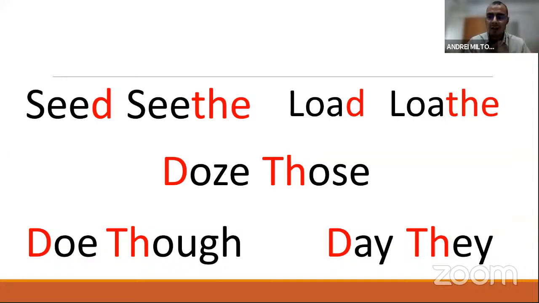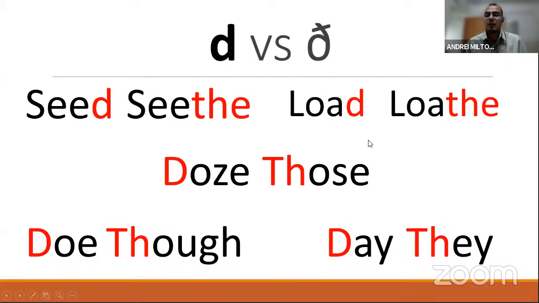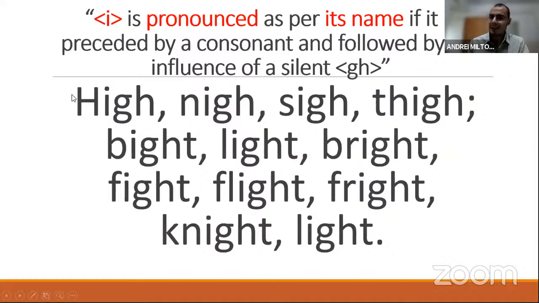It's see. Take out the tongue, blow, and make the vibration with your vocal folds. So it's seethe, load and loathe. Those and those, right? Do and though, right? They and they. Got it? Good.